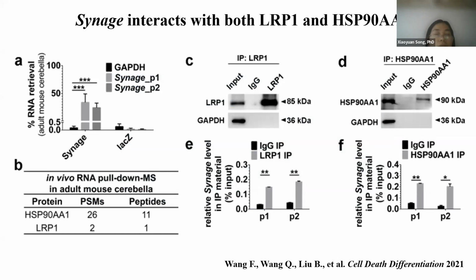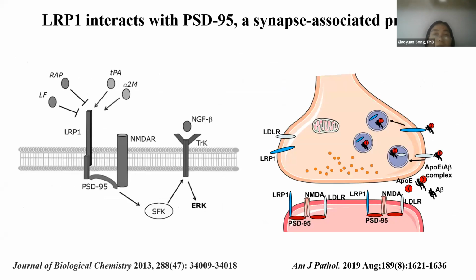Next, please. Through in vivo RNA pull-down MS, we found that Synage potentially interacts with HSP90AA1 and LRP1. We further used RNA-IP for these two proteins to confirm they indeed interact. So next. And LRP1 is a synapse associated protein.